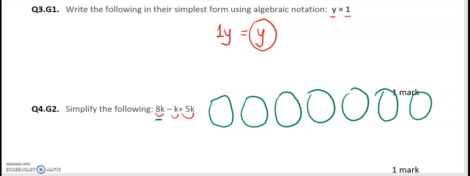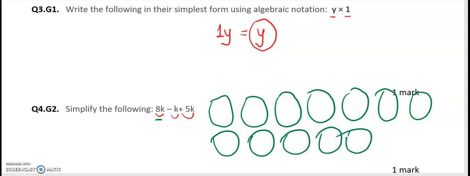Then I'm going to add 5 more. So 1, 2, 3, 4, 5. So in total, I have 1, 2, 3, 4, 5, 6, 7, 8, 9, 10, 11, 12. So 12 kiwis.